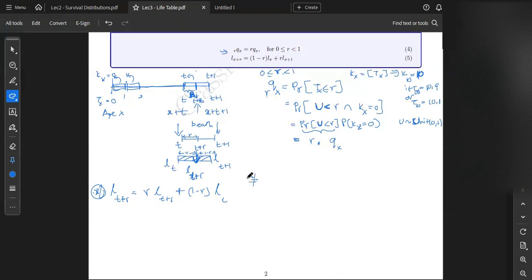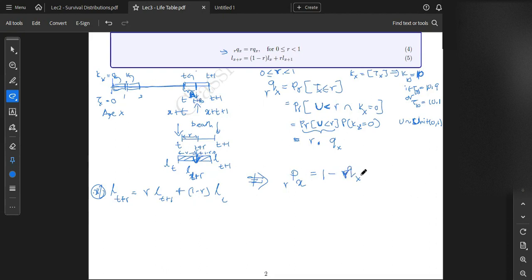So let's go into a proof to get this done. So it says the survival probability of a person who is at age x and surviving for a fractional year of r. And we know that from the definition, so we can say it's 1 minus the death probability of a person who is at age x, and death occurs within that small time period of r.